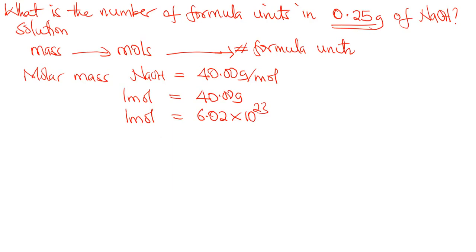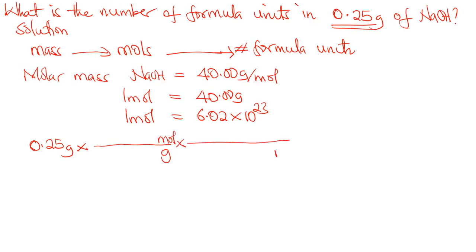So at the beginning, we are going to put our given quantity, which is 0.25 grams. So from grams, we have grams up here. We need to have grams down here, and then more here. And then we have more there.